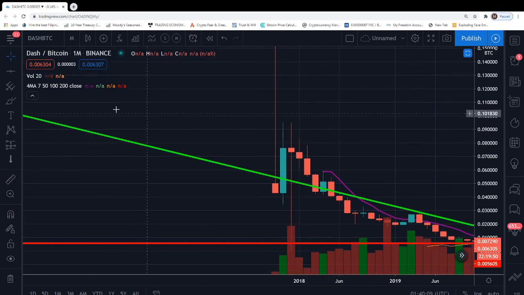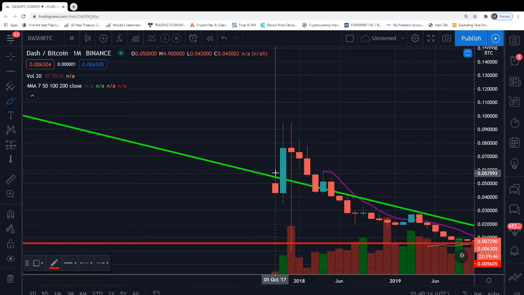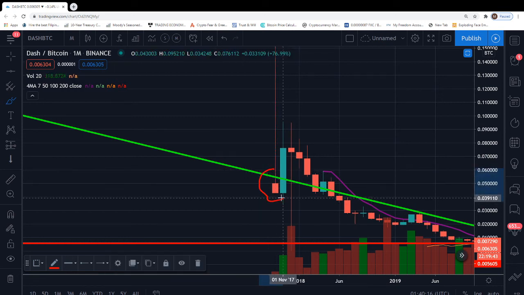Okay. But as far as my knowledge, this candle in October 2017, this huge monthly gigantic rejection candle, is considered a bullish candle. There's a very large wick that reaches all the way up to 4.9 sats on this instrument, and that to me represents a very bullish candle that will eventually send this Dash cryptocurrency back up to 4.9 sats at some point in the future, whether it's 2 years from now, 10 years from now.